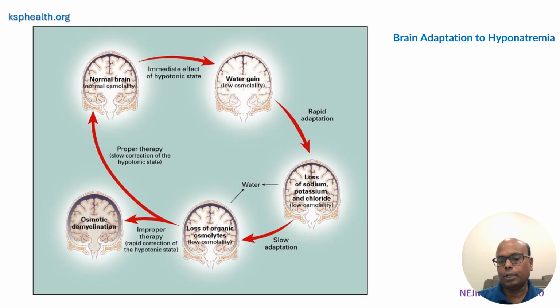Subsequently, electrolytes such as sodium, potassium and chloride also extrude out. That happens within minutes and goes on until 3 hours. Afterwards, the organic osmolytes within the neurons also extrude out. During this time, improper therapy or rapid correction can cause a syndrome called osmotic demyelination syndrome.